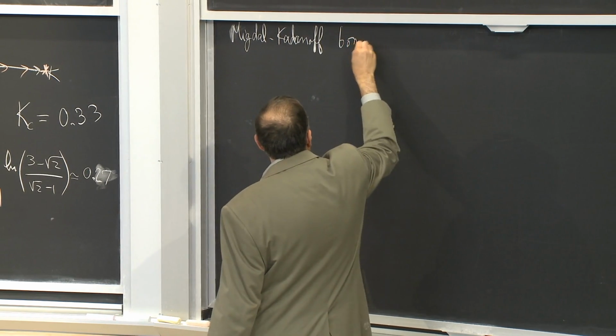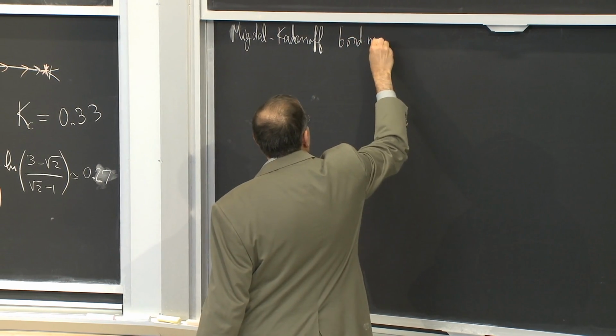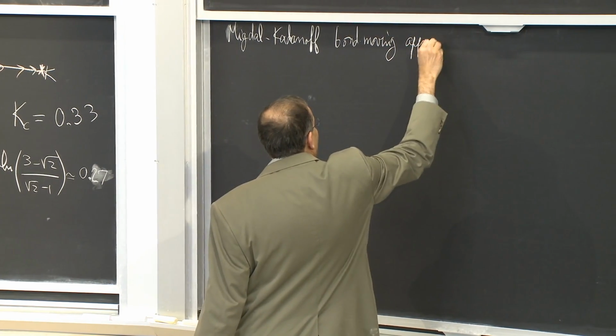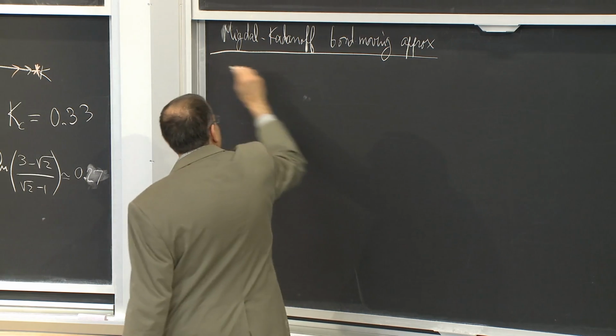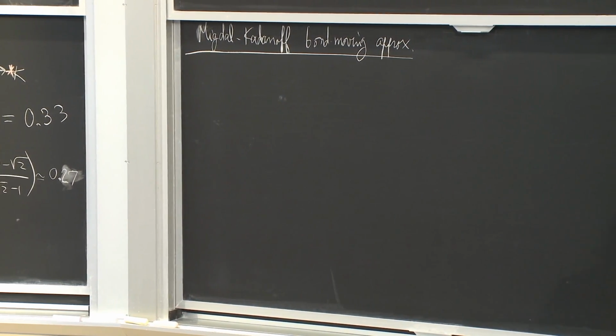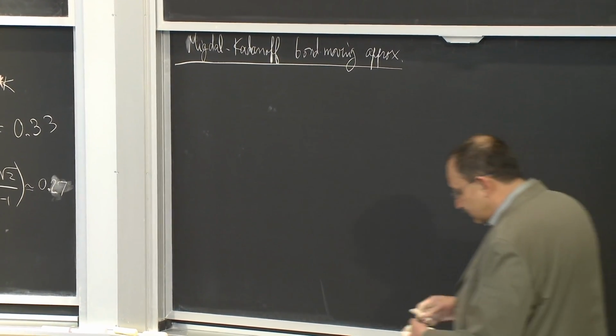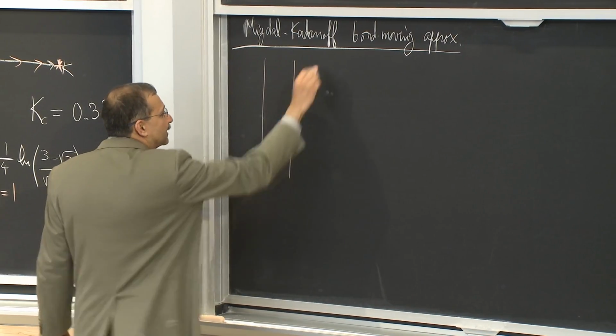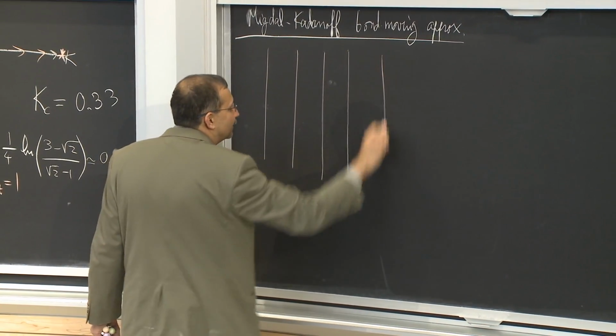And it's called bond moving. And again, we have to do an approximation. We can't do things exactly. So let's demonstrate that by a square lattice, which is much easier to draw than the triangular lattice.